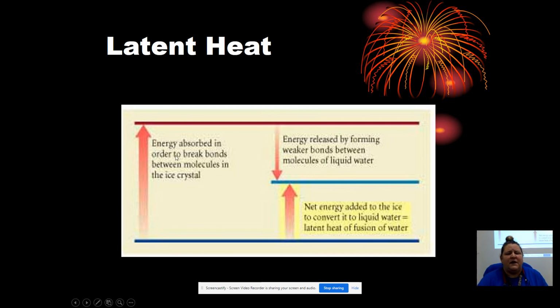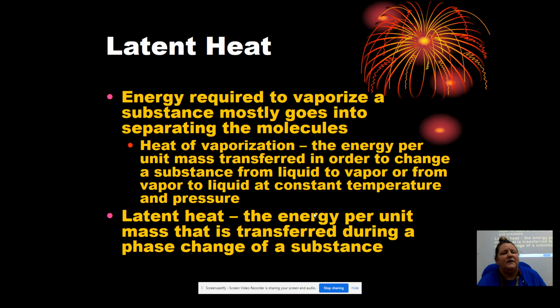Okay. So the energy, here's the total energy absorbed to cause it. Part of that energy is released in forming the bonds. Okay. So this would be the latent heat of fusion of the water.